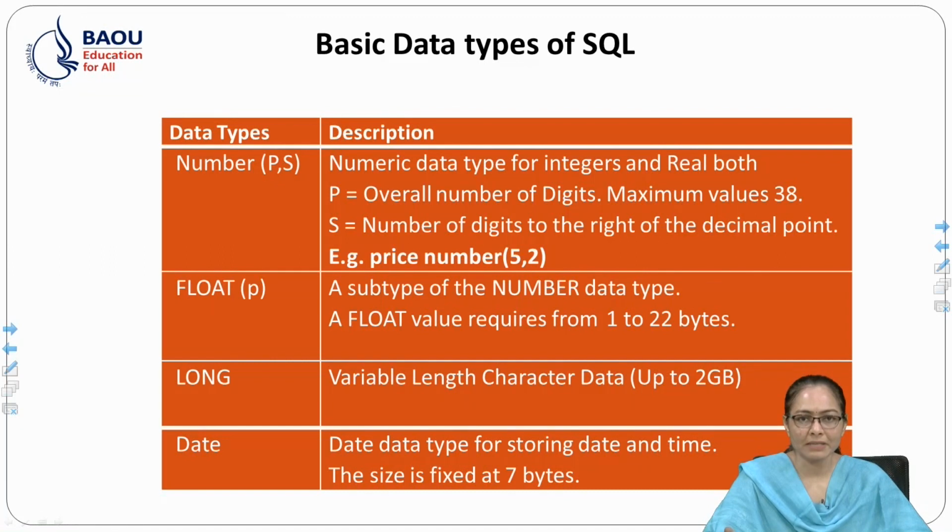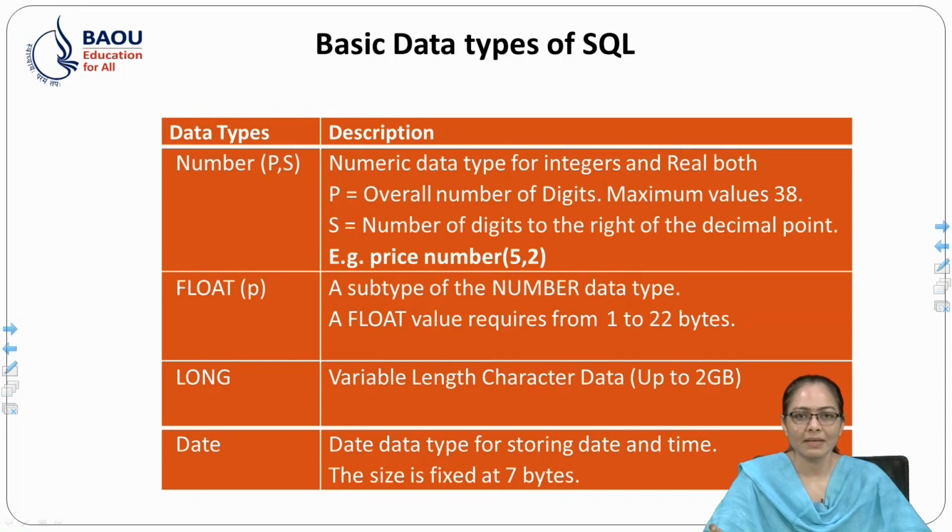Integer means without decimal point like 10, and real means with the decimal point like 10.50. P is the overall number of digits, with maximum value, suppose, 38. S is the number of digits to the right of the decimal point. For example, price NUMBER(5,2).